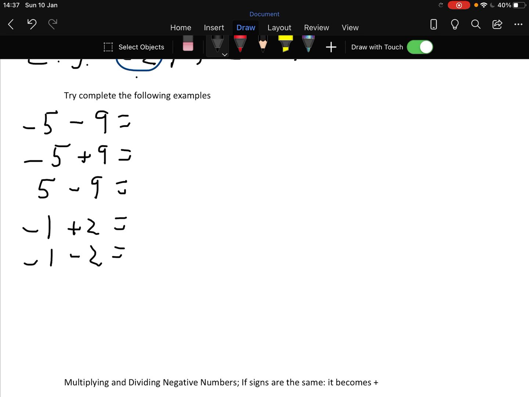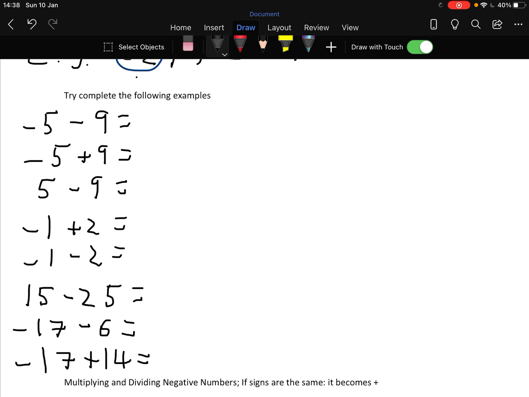All right, now we're going to get to some bigger numbers. 15 minus 25, minus 17 minus 6, and the last one, minus 17 plus 14.